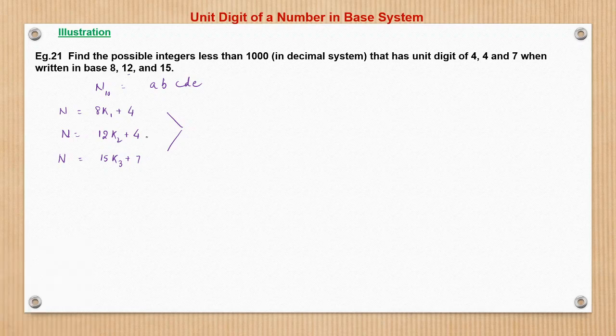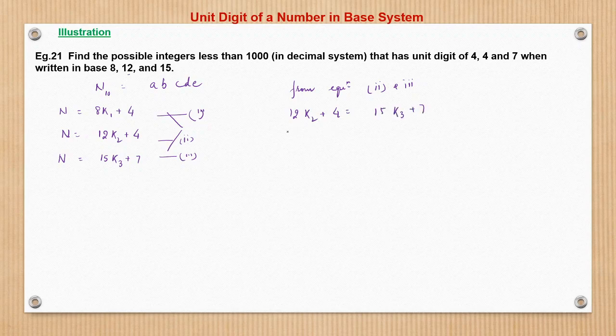We will first take any two equations, and let this be equation 1. So from equations 2 and 3, it gives 12k2 + 4 = 15k3 + 7, right?